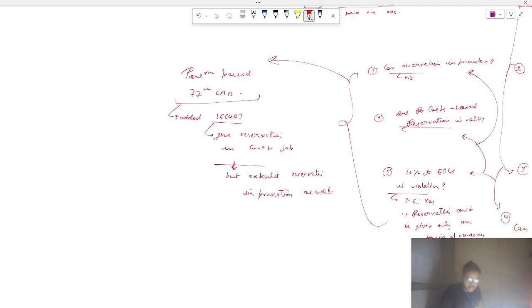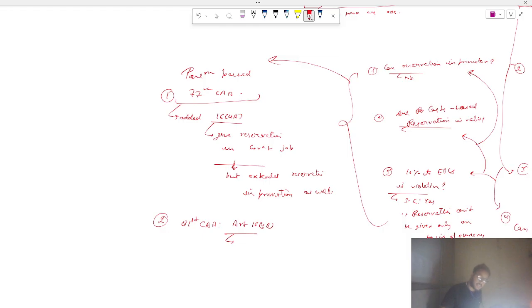Because in the Indra Sawhney judgment, the Supreme Court stated that reservation cannot be given in promotion. And besides this, Parliament passed numerous Constitutional Amendment Acts. Again, the 81st Constitutional Amendment Act was passed, and they added Article 16(4B).